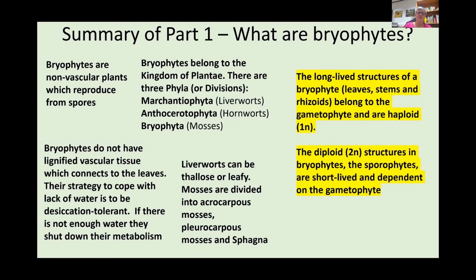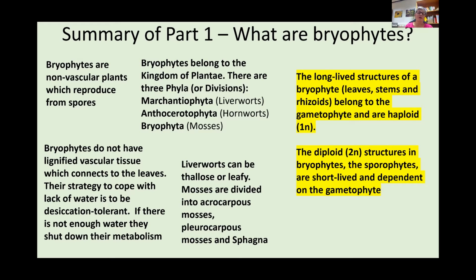And we discussed the difference between vascular and non-vascular plants. One of the main differences is the fact that the long-lived structures of a bryophyte, the leaves, the stem, and the rhizoids, all belong to the gametophyte generation, which is the haploid generation, whereas the diploid sporophyte generation is much more short-lived and dependent on the gametophyte for nutrition.